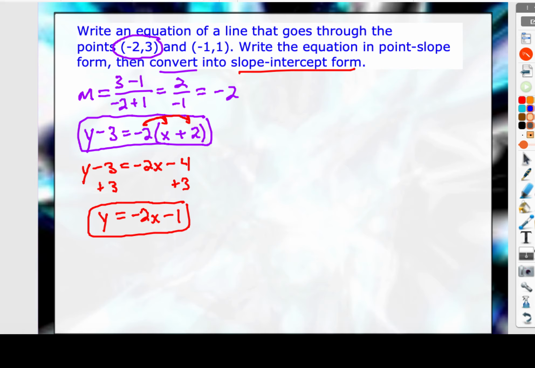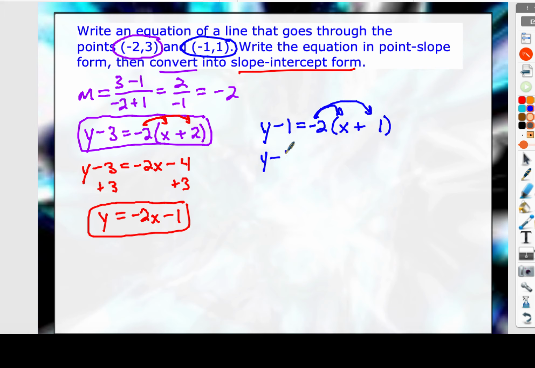Now, if you don't believe me that worked, why don't we use the other coordinate, this negative 1, 1. y minus the y value is equal to the slope times x, again, minus negative 1, minus the x value. Minus negative 1 is plus 1. I'm going to distribute that negative 2 then.